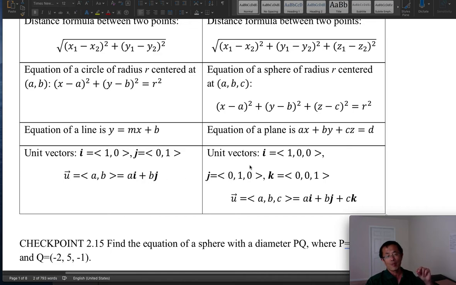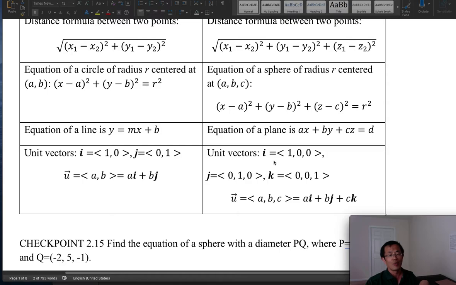And similarly, we can make the same arrangement for three-dimensional vectors. Even though we are using the same notations, especially for i and j, I hope you see the i here is really different. The i in the three-dimensional space will not mix with the two-dimensional i. Same for j, and certainly there's no k in the two-dimensional plane at all.